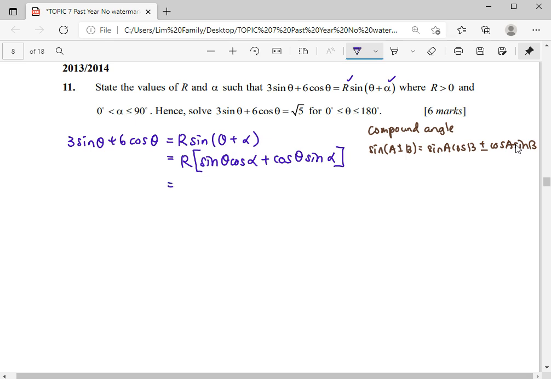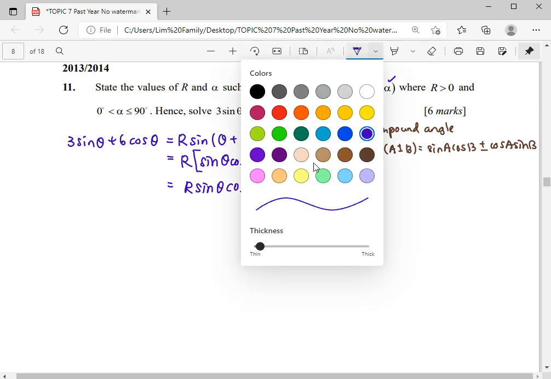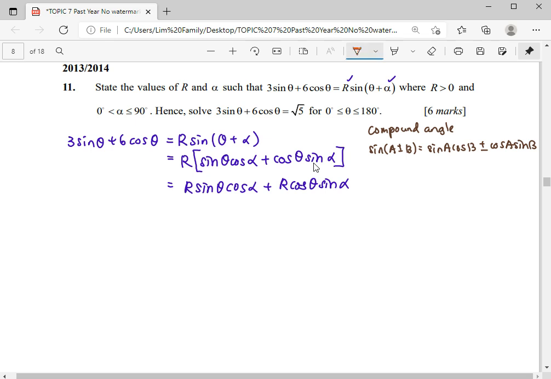Then we expand the coefficient r as well, and it equals r sine theta cos alpha plus r cos theta sine alpha. Notice that after we expand our compound angle formula, we can compare it with the terms 3 sine theta plus 6 cos theta.